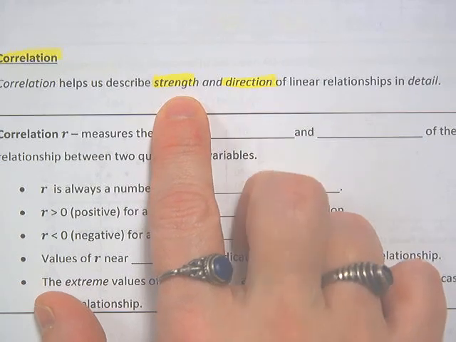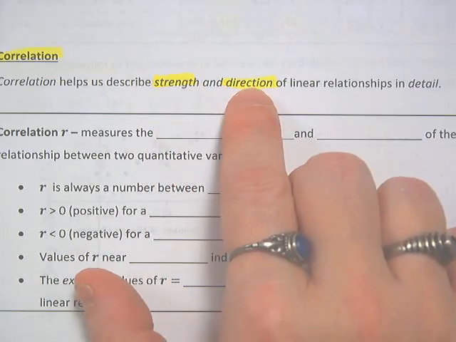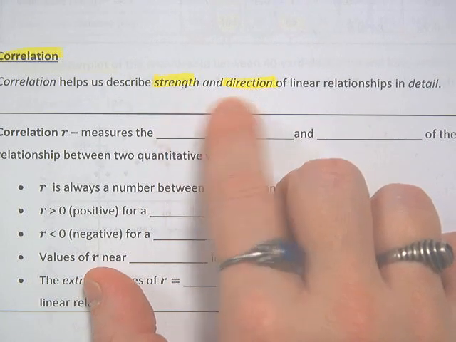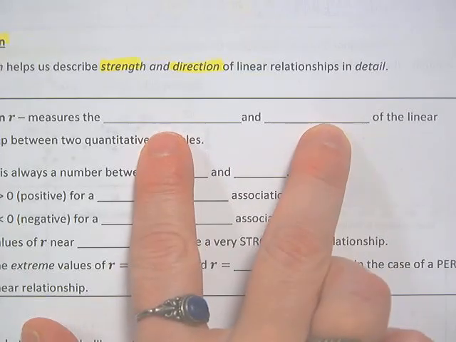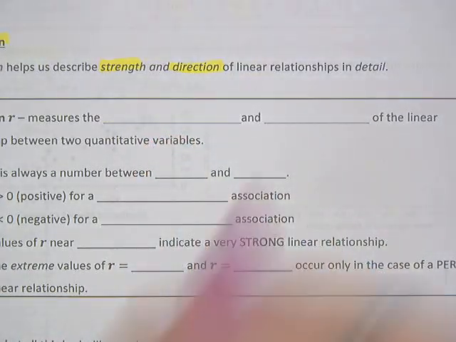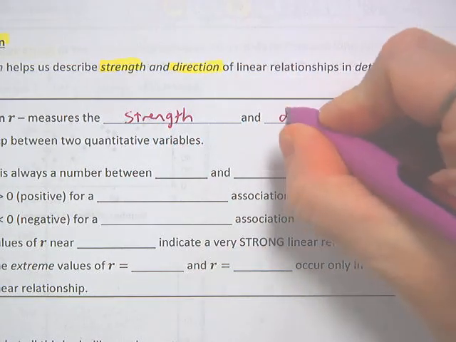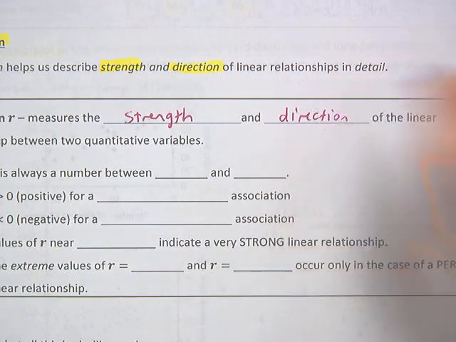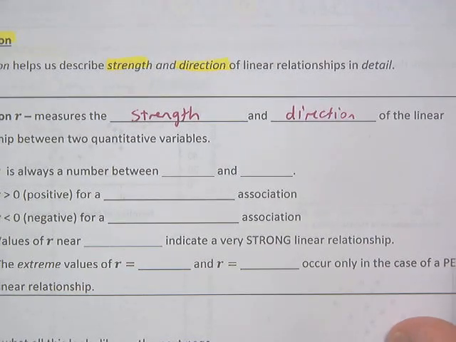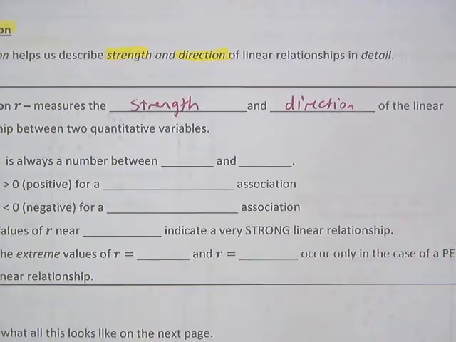It tells us how strong, and it tells us is it positive, negative, or none. Okay, let's write those two words here in the blank. Correlation measures the strength and direction of the linear relationship between two variables. Again, that will be a test question. Know that correlation tells you how strong and which direction the relationship is.